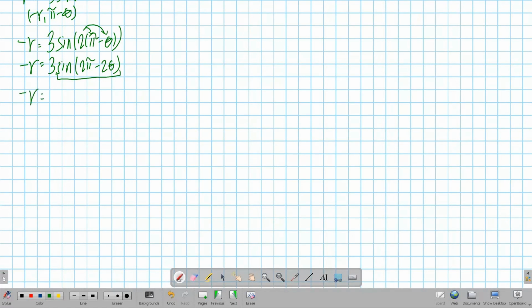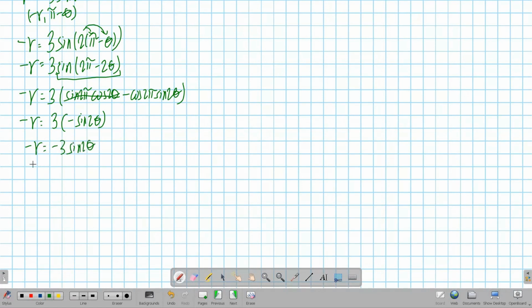So negative r is equal to 3 multiplied by sine 2 pi cosine 2 theta minus cosine 2 pi sine 2 theta. Sine 2 pi is equal to 0, so this gets cancelled. Since cosine 2 pi is 1, it becomes negative r is equal to 3 times negative sine 2 theta. Therefore, we'll have negative r is equal to negative 3 sine 2 theta.